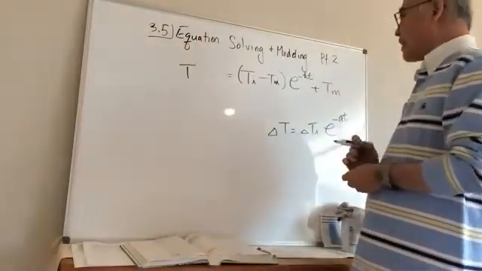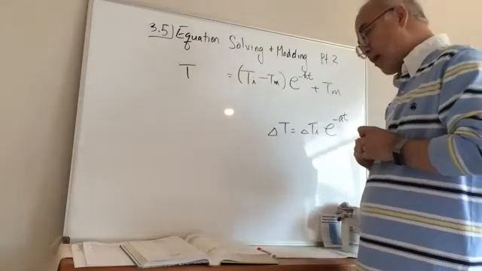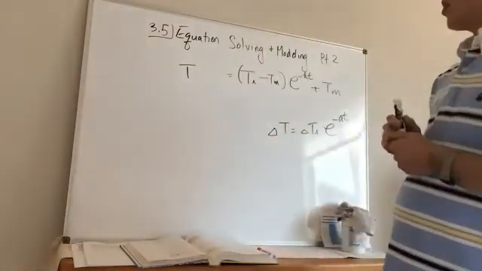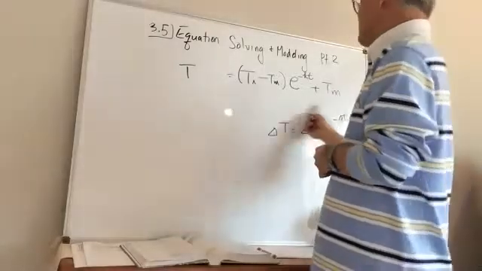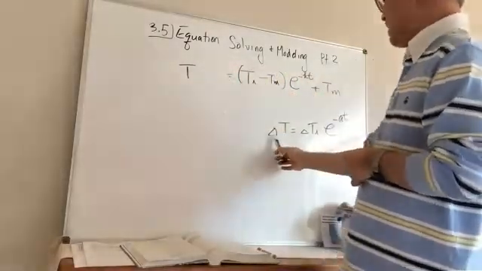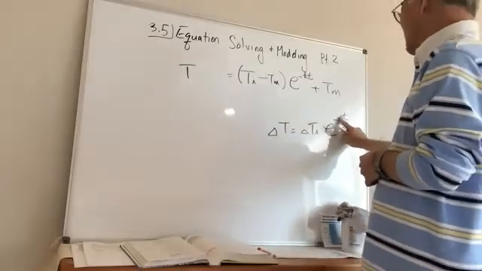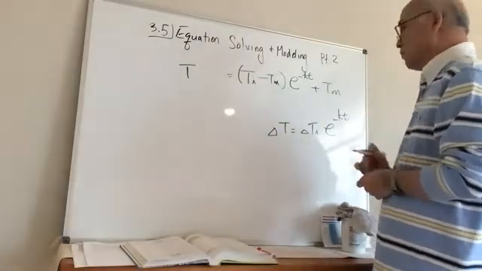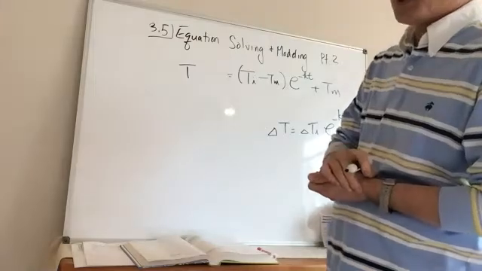Now, that is exactly what you have in the book. So you can either memorize this, or you can understand it and make it look like this. Which one's easier for you? You can pick your choice.